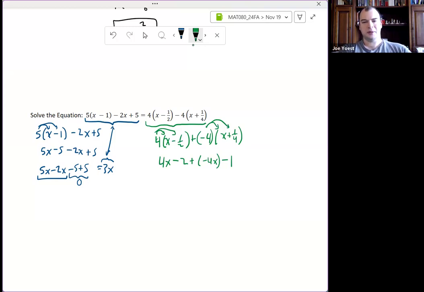I can use my commutative property again if I'm careful to think of minus 2 as plus a negative 2. And my 4x and my minus 4x are added together. They are opposites. Their sum is 0.